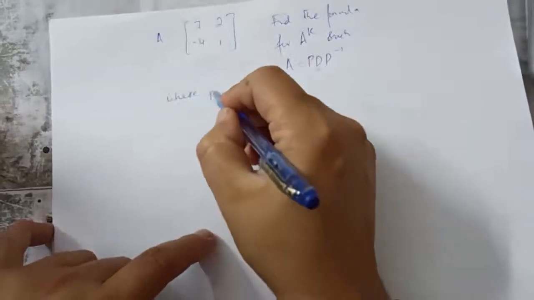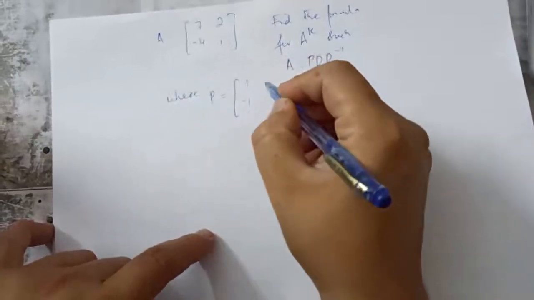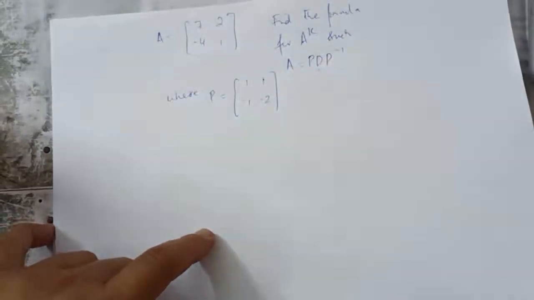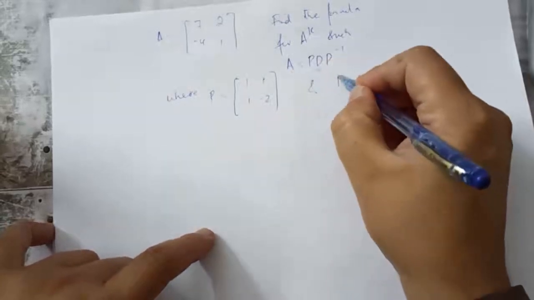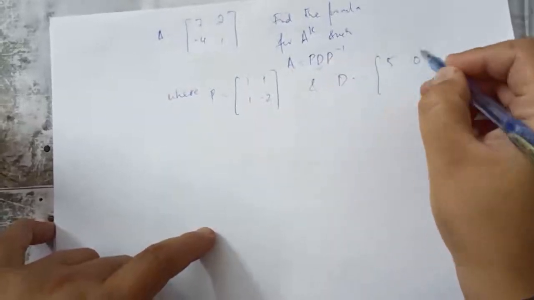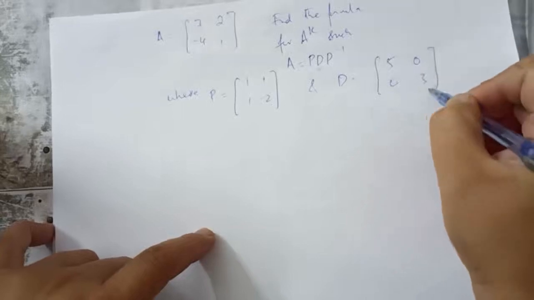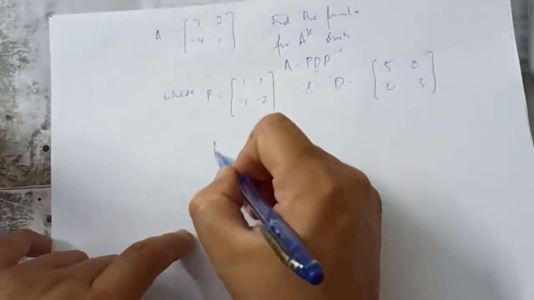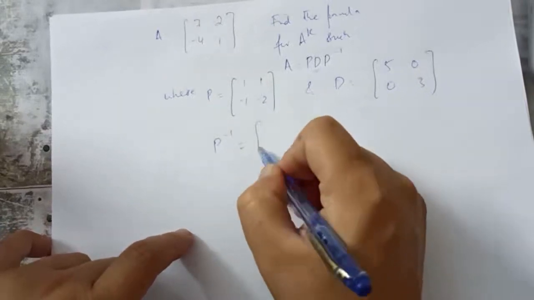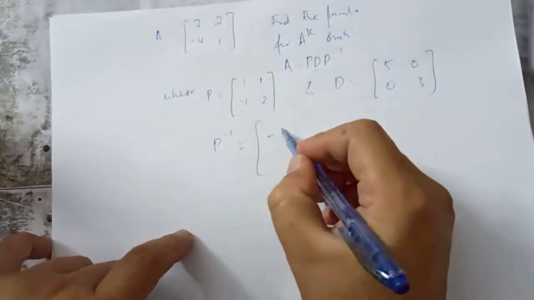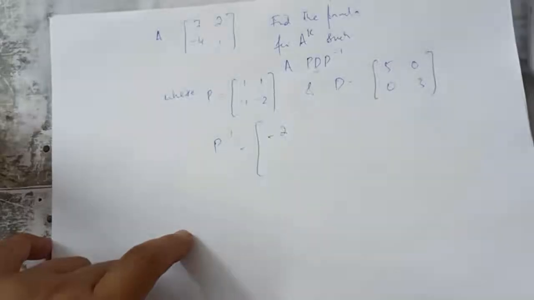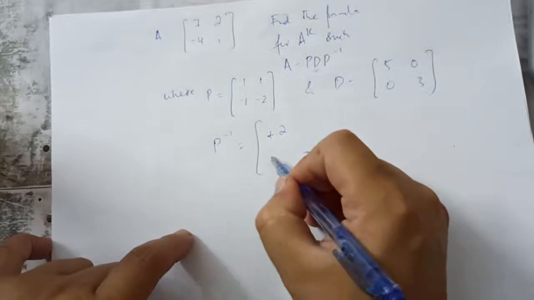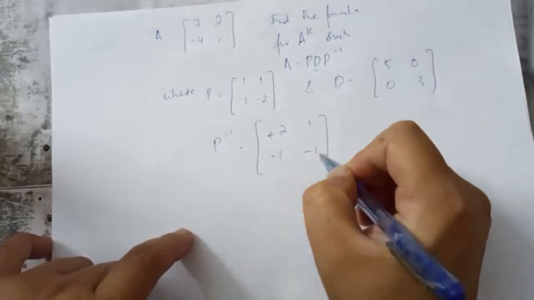Luckily in this scenario P is given to us, and shortly we will see that these are nothing but eigenvectors of A. And D is that. So P inverse is also quite simple, which is changing the positions here, and you've got here minus 1 and 1.